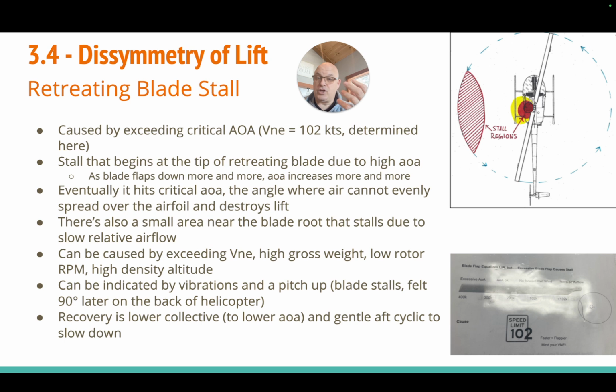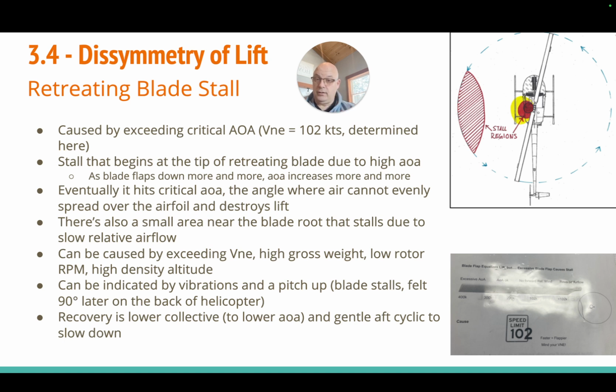Now, we're already struggling on the retreating side, and this will be accentuated if we don't correct it. The good thing is that as soon as that happens, there will be early indicators like vibrations, and we're pitching up. Remember, the input at 9 o'clock is felt 90 degrees later, per precession, and therefore we will be pitching up.